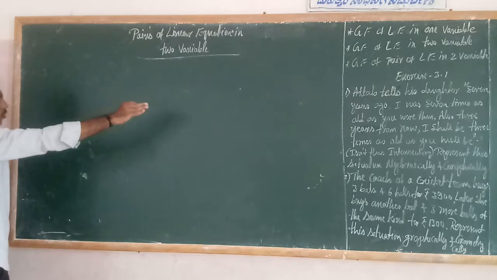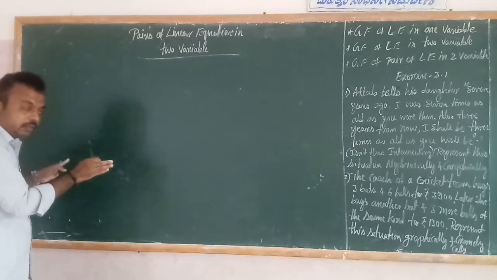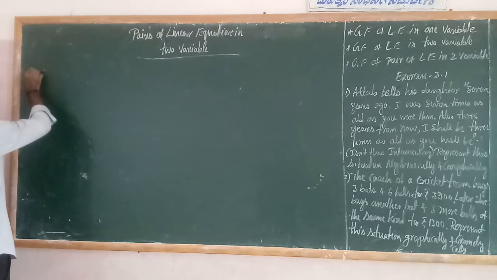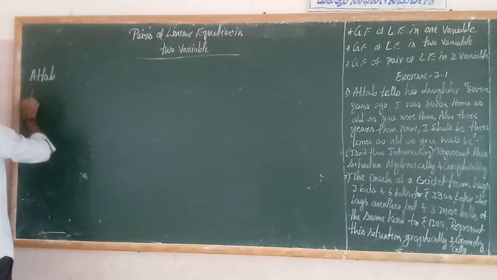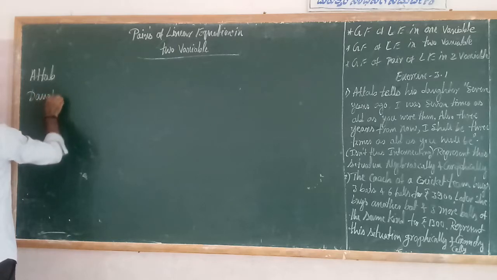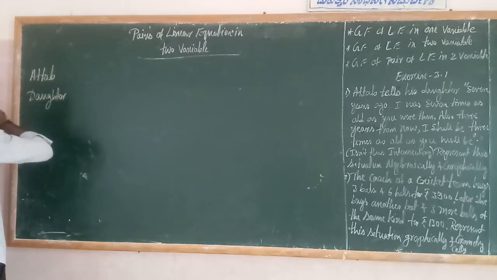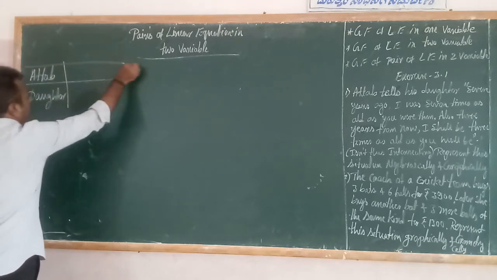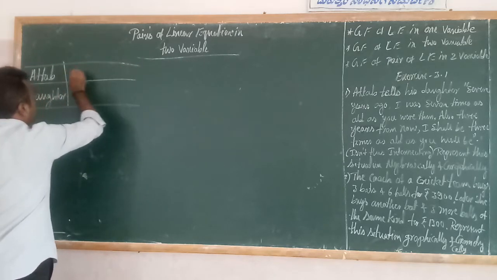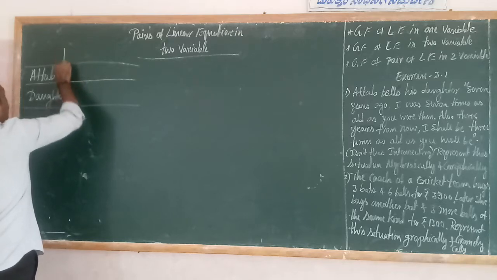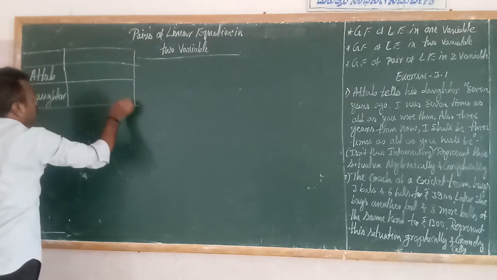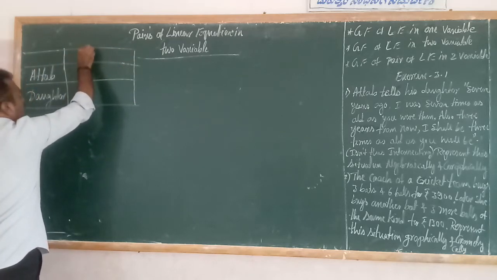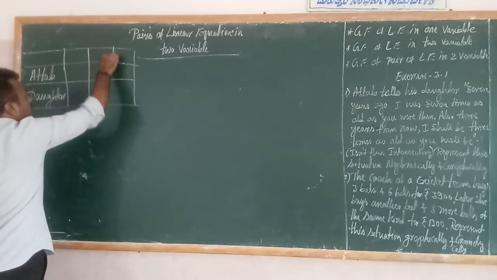First, before that, I will draw a table. One column is Aftab and another is his daughter. Three columns are there.